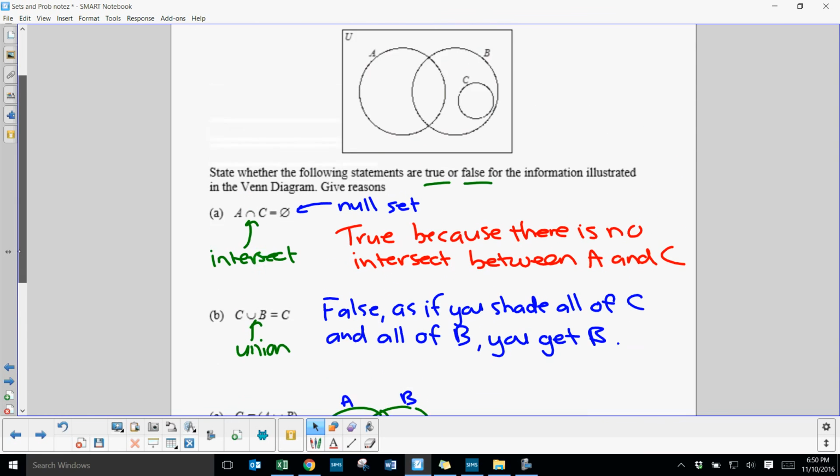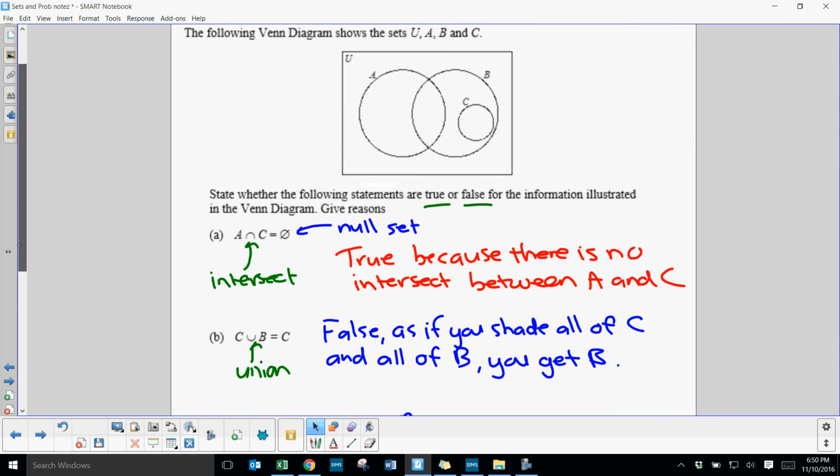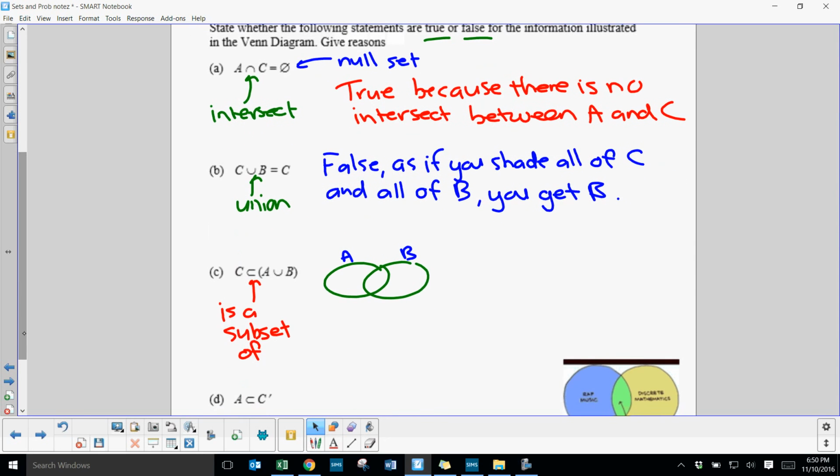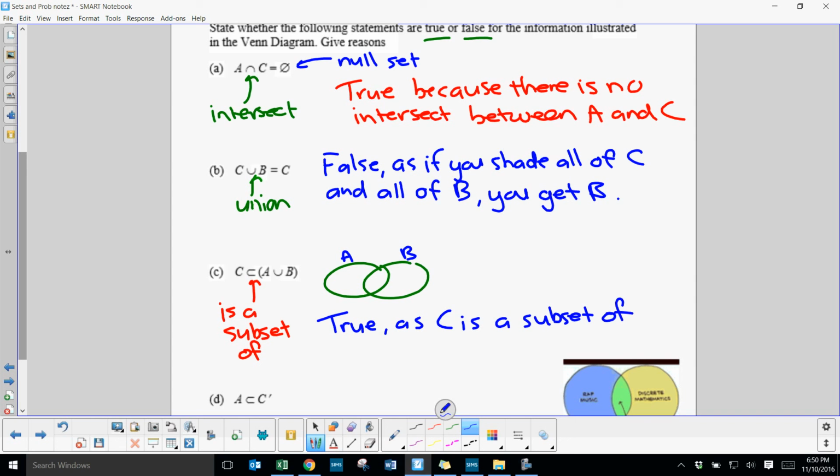Looking above, yes, C is included inside B, so C is automatically a subset of the whole union A and B. So that is true, as C is a subset of this. And by this I mean that.